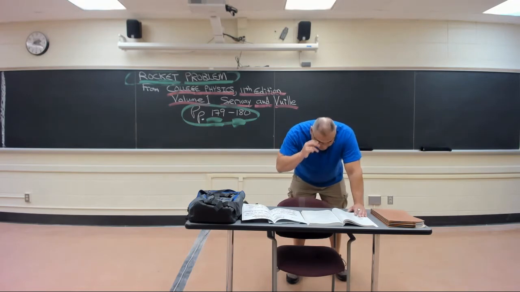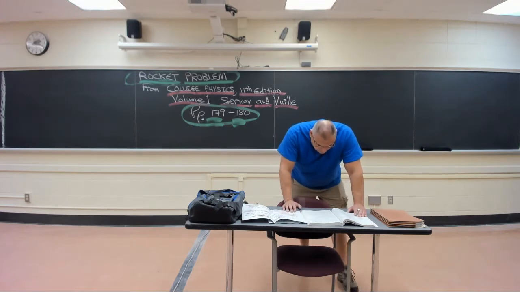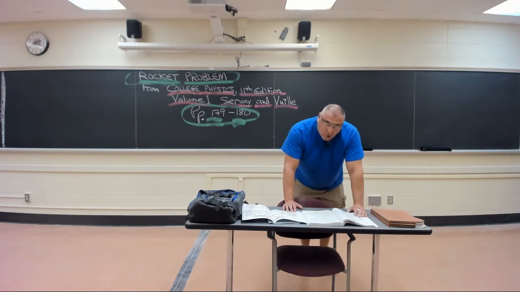What they're saying is essentially this. A rocket has a total mass of 1.0 times 10 to the 5th kilograms and a burnout mass of 1.0 times 10 to the 4th kilograms, including engines, shell, and payload. So in other words, the total mass at the beginning is 1 times 10 to the 5th kilograms, and the mass at burnout is 1 times 10 to the 4th kilograms.